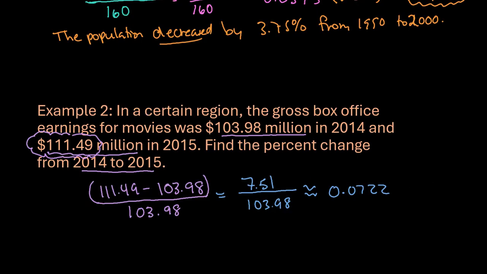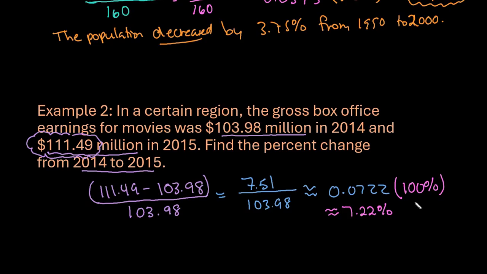Your homework platform, if you're working online, usually tells you, so just round to whatever decimal place that they say. If they want it as a percent, we would multiply it by 100%, and we would end up with approximately 7.22%.